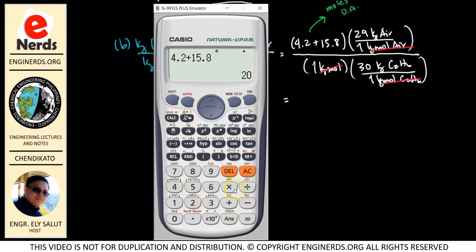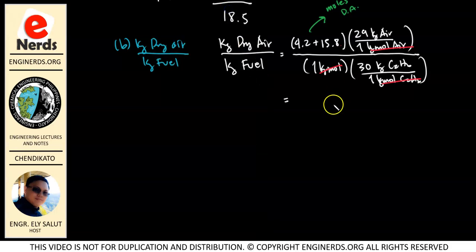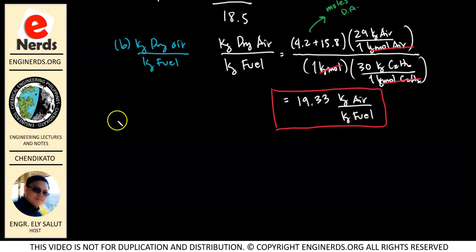Okay, so this is 20 times 29, then divided by 30. Okay, so we have 19.33. So we have here 19.33 kilogram of air per kilogram of fuel. So this is our answer here in letter B.